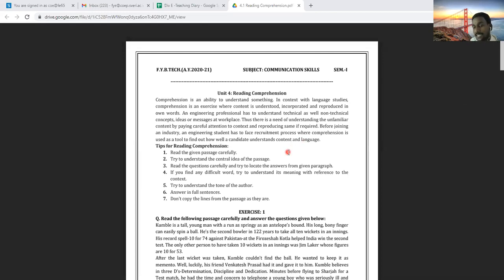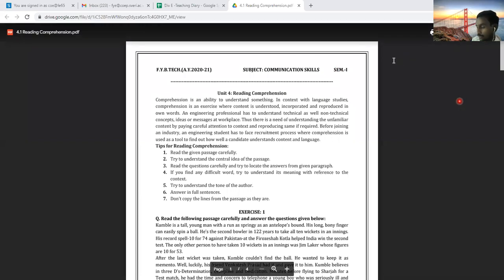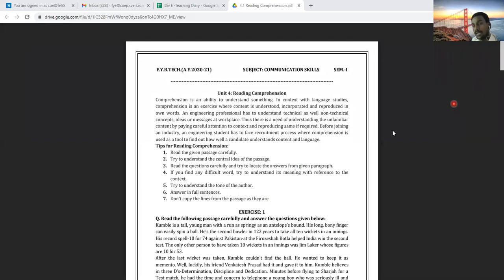Then answer in full sentences. Whenever it is required, you are expected to write down the answer. Don't write in short, but write it in full sentences. Then next one is this. Don't copy the lines from the passage as they are. Many times I have seen that students simply take a few important words from the question and try to find the same words in the passage.